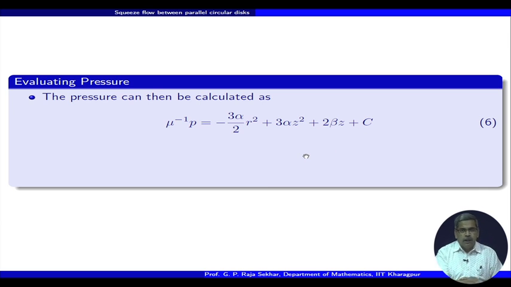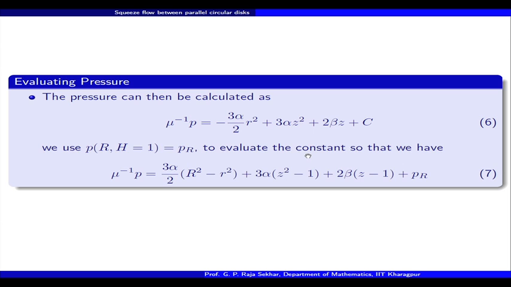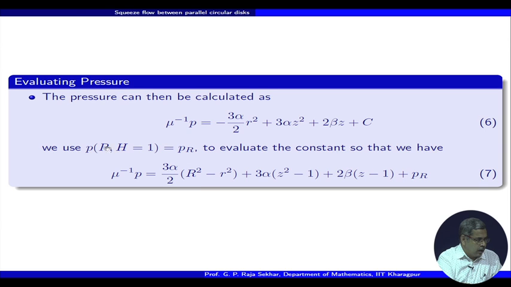Typically the condition for the pressure is that it is taken to be 0 at the center, and at the periphery some pressure is given. One can take some non-trivial P R at the edge of the disc and then compute, or one can take 0 pressure. For simple calculation purposes, we take H to be 1 and compute P R at the R edges.